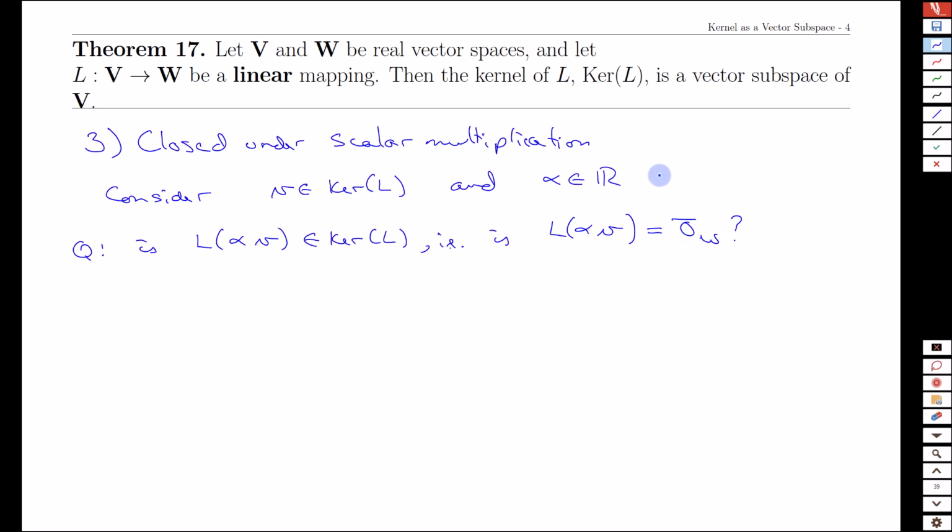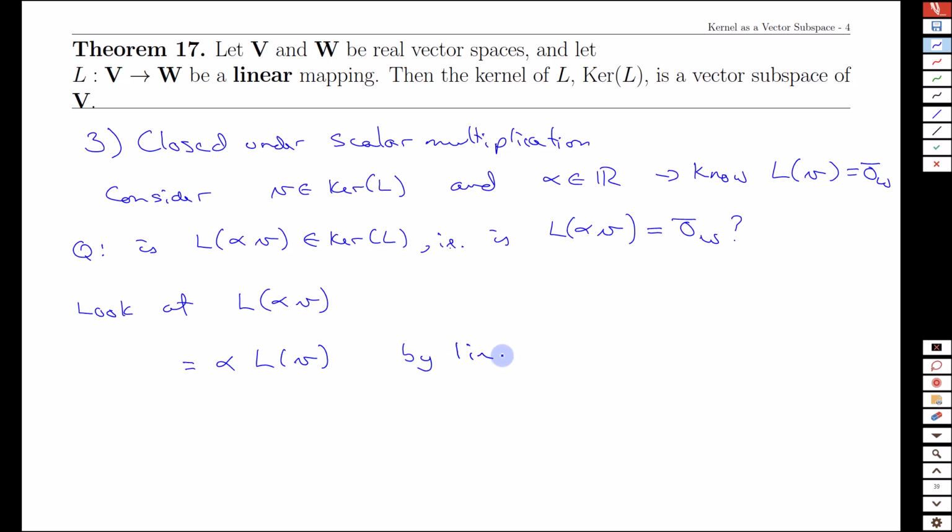Well, again, think back to what we know here. We know, because V is in the kernel of L, that means that the transform of V is the 0 vector in W. So we're going to look at the transform of alpha V. That's what we're asking. And that is equal to alpha times L of V. Why? Because that transform is linear. By the linearity of L, we know this is true.